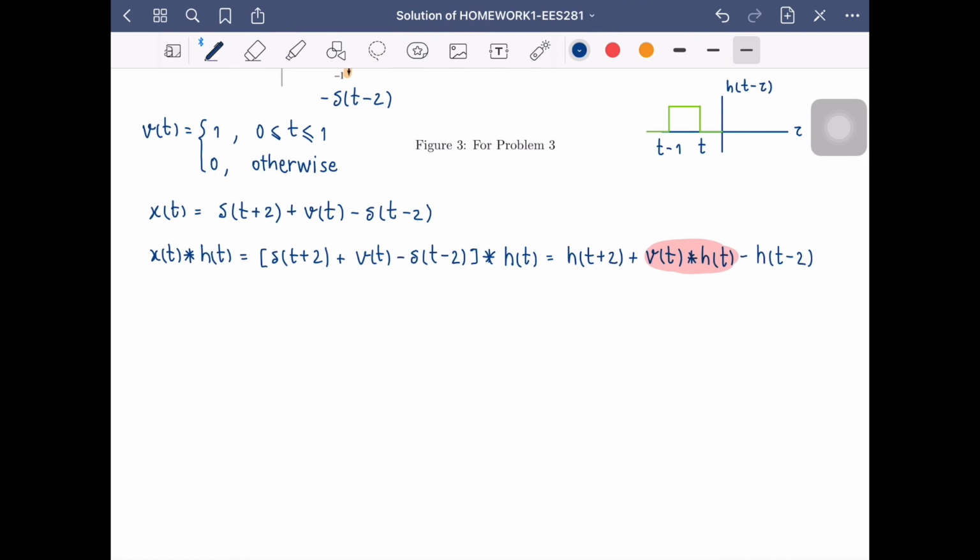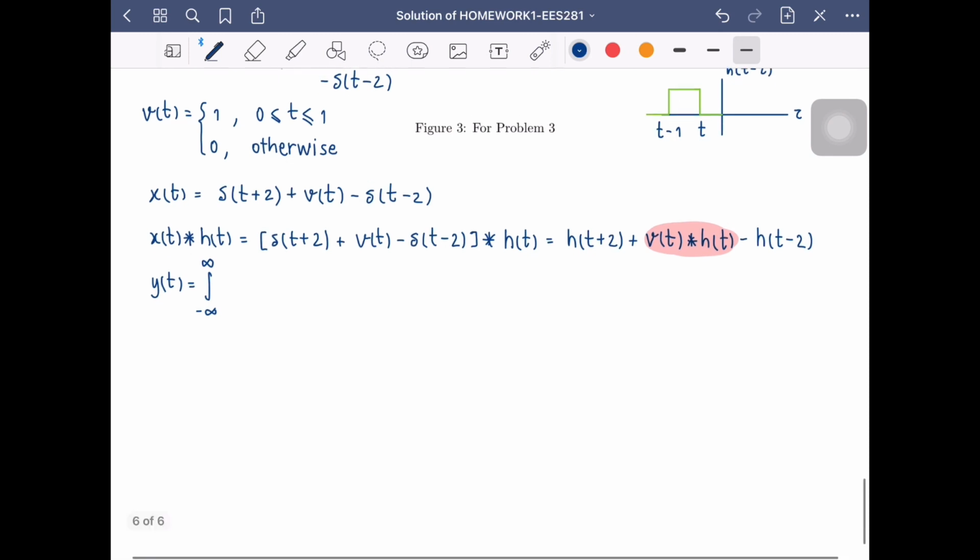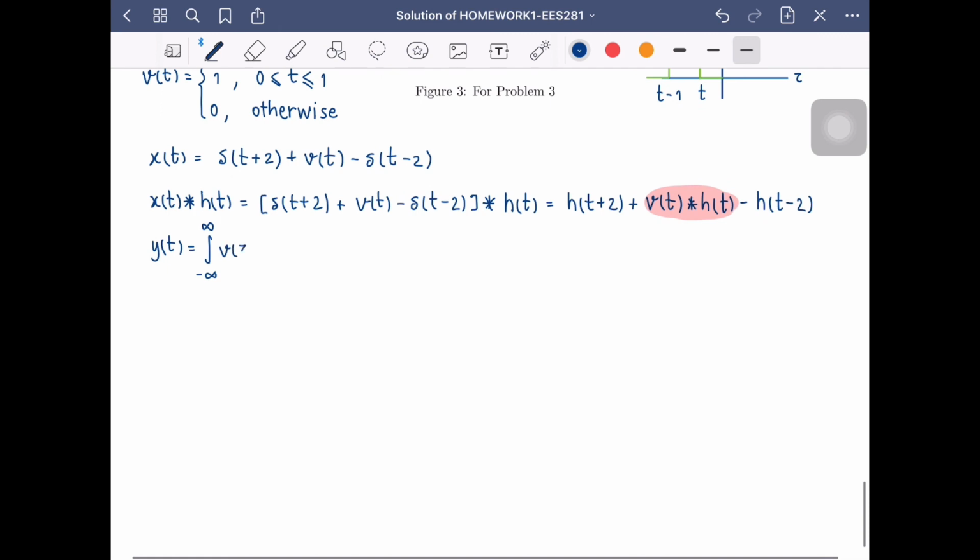Now we need to find the red one. We let it be y(t), and as it is a convolution integral between v and h, we can let y equal the integral from minus infinity to infinity of v(tau) h(t minus tau) d tau.